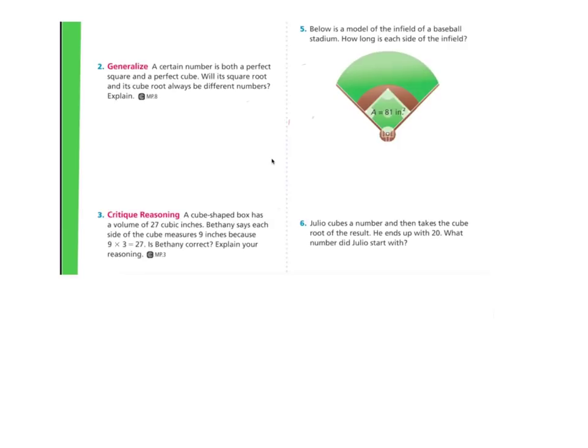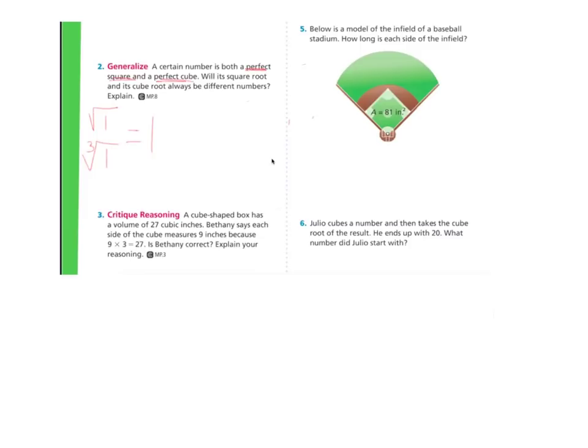Okay, this is kind of like a tricky question, and here's why. There is only one number that I can think of, that I know of, right, that is the same. When I figure out what its perfect square and perfect cube is, it's the same number, right? And that happens to be with our good friend 1. If you find the square root of 1 or the cube root of 1, well, both of those equal 1, right? So 1 is a perfect square and a perfect cube. It's kind of crazy.